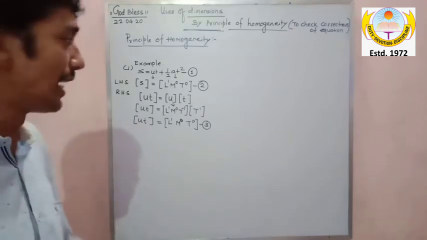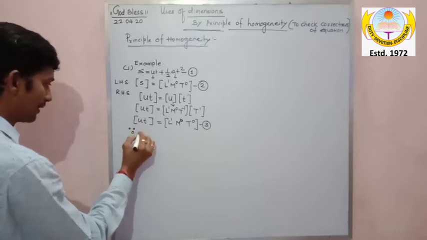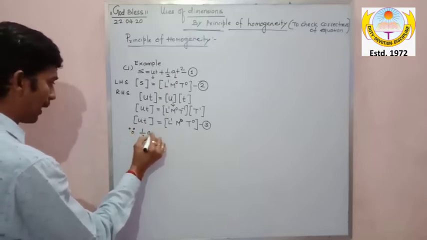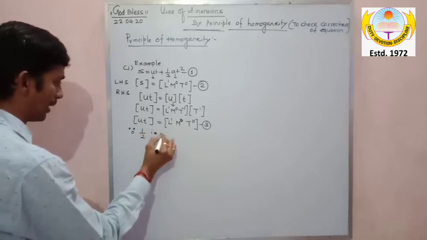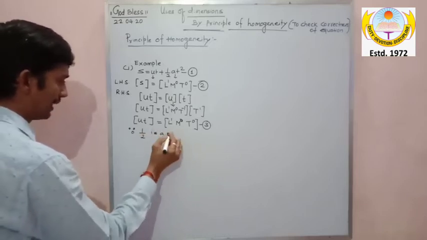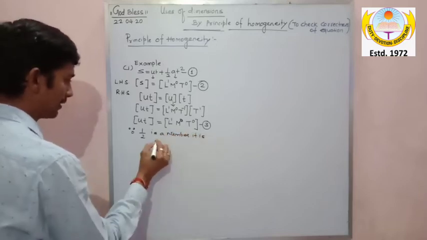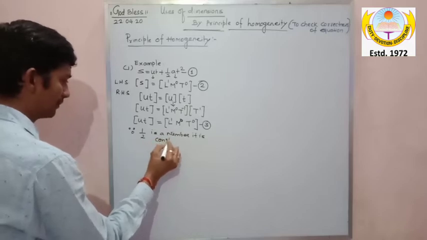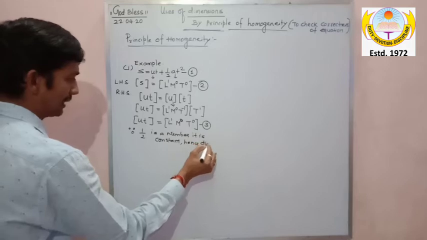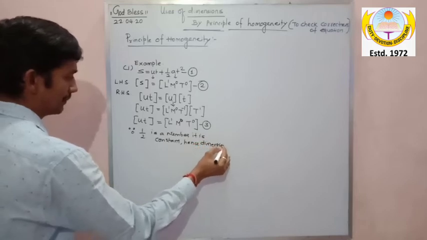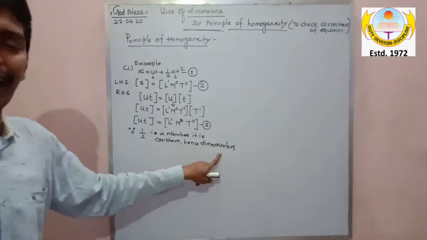So here I will write, since half is a number, it is constant, hence dimensionless.